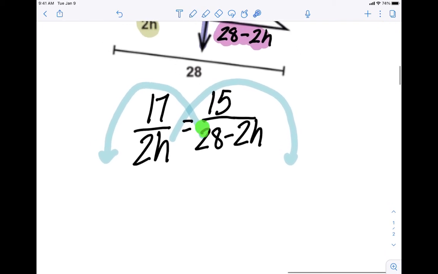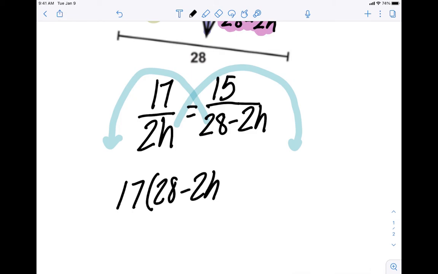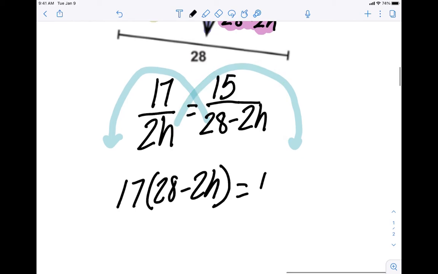So 28 minus 2h times 17. So I'm going to write the 17 first, and then parentheses 28 minus 2h equals 2h times 15. So I'm going to write 15 times 2h.